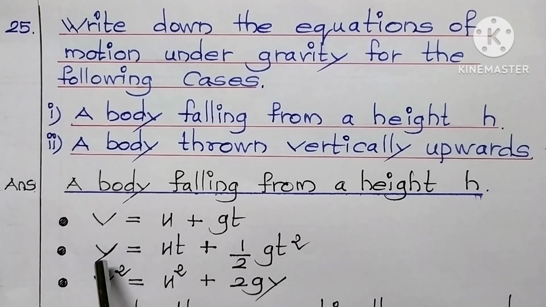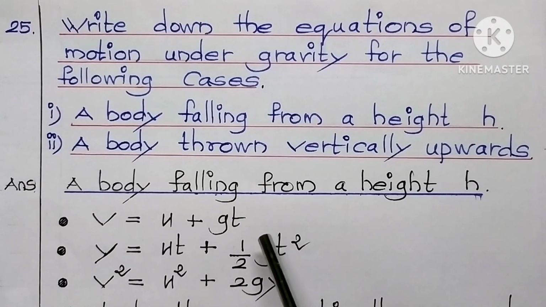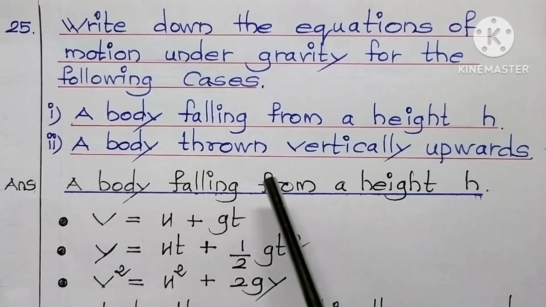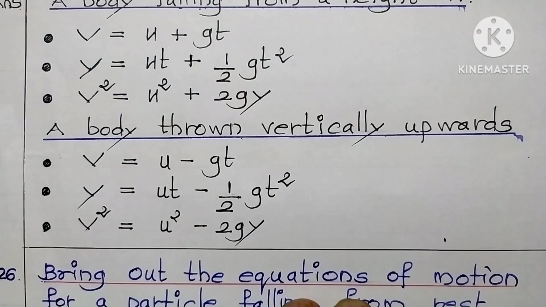Here the body is falling from a certain height downwards, so the movement is taking place in the y axis. So instead of writing s for displacement, we have taken it as y. Then comes v squared is equal to u squared plus 2gy. In the place of s, we have written y. So these are the equations meant for a body falling from a certain height.